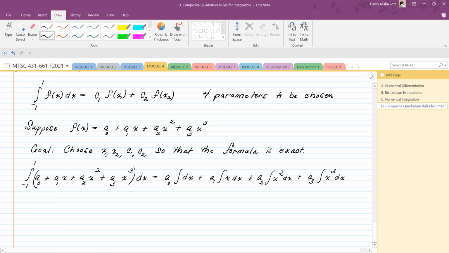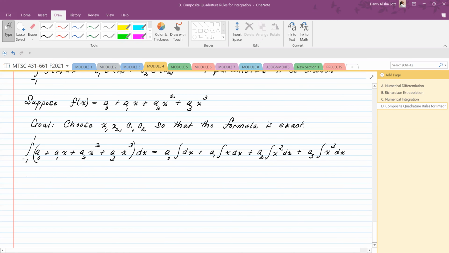Okay. So now let's say f of x is equal to 1. Then the integral from -1 to 1 of 1 dx is just equal to 2.